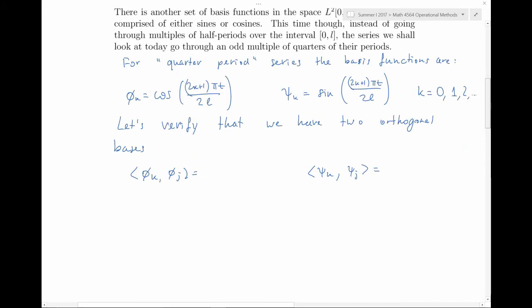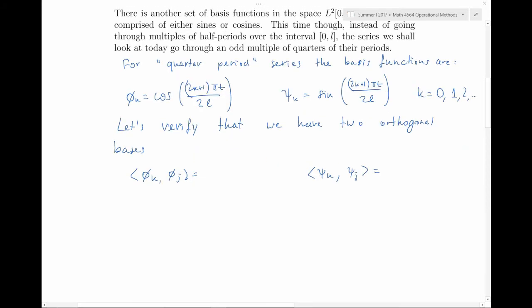And also to make sure that I have a basis, I have to make sure that every cosine has a non-zero norm and every sine has a non-zero norm. So we'll have to compute the norm squared of phi k and the norm squared of every psi k.